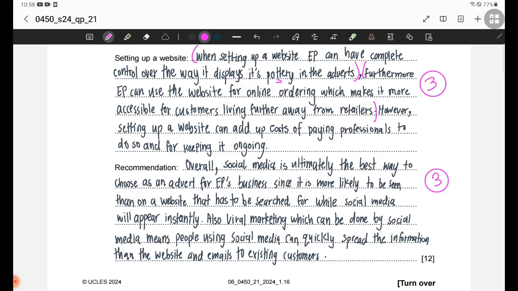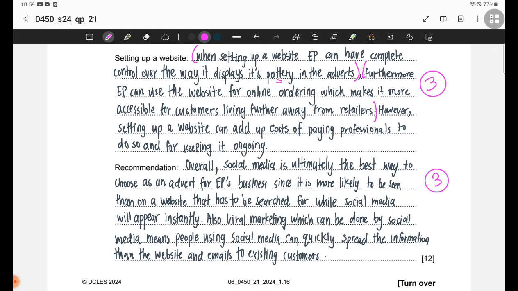Alright, for justification, however, setting up a website can add up costs of paying professionals to do so and for keeping it going, okay? Other disadvantages is that when you're doing online ordering or online shopping, or sorry, online selling, of course you will have the added cost of packaging. Not just the packaging of the product itself, but also the postage packaging.